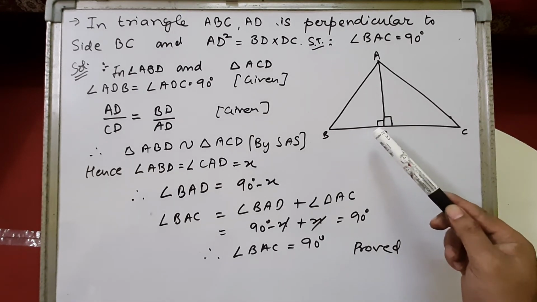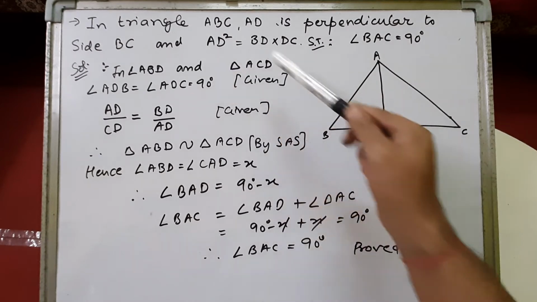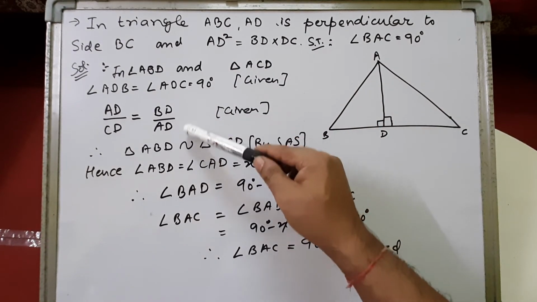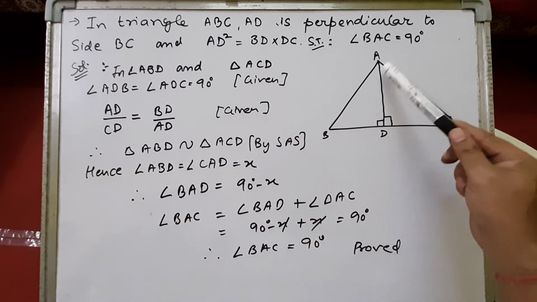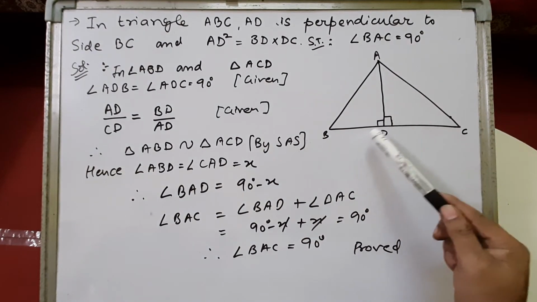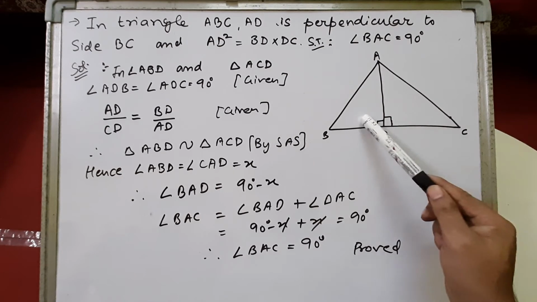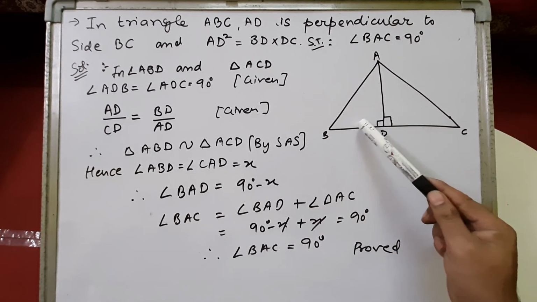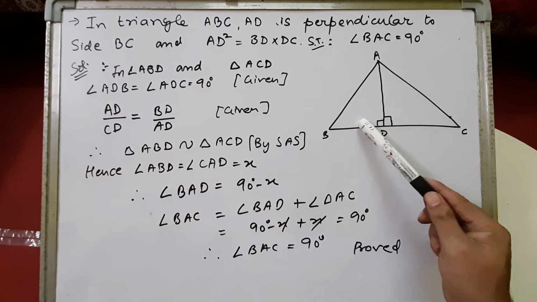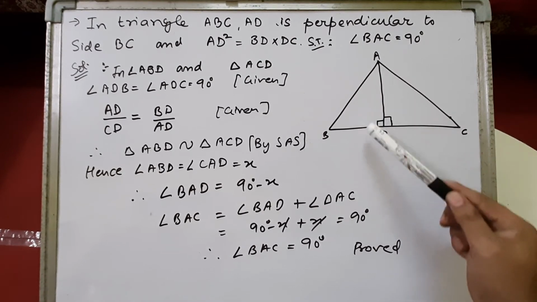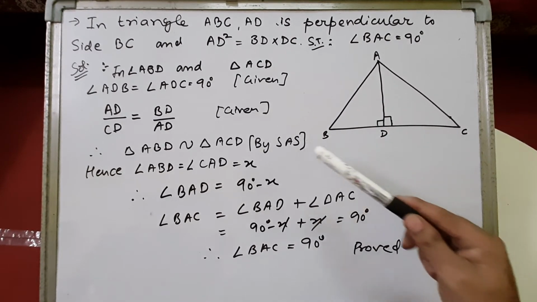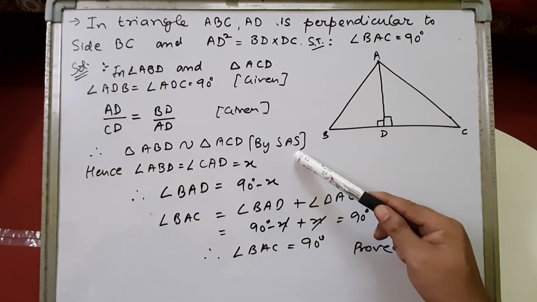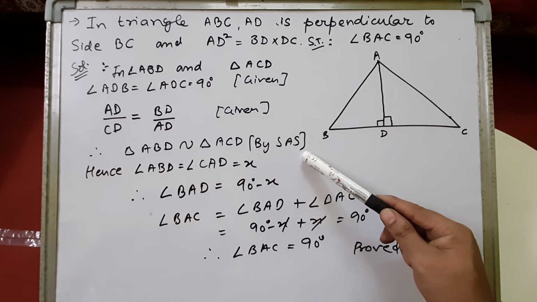Now you can see that from this condition, if we cross multiply, we'll get AD upon CD equals BD upon AD. AD upon CD equals BD upon AD, and these two angles are equal. So from here we can say that when two angles are equal, and the sides including those equal angles are proportional, then the triangles will be similar by SAS postulate, right?